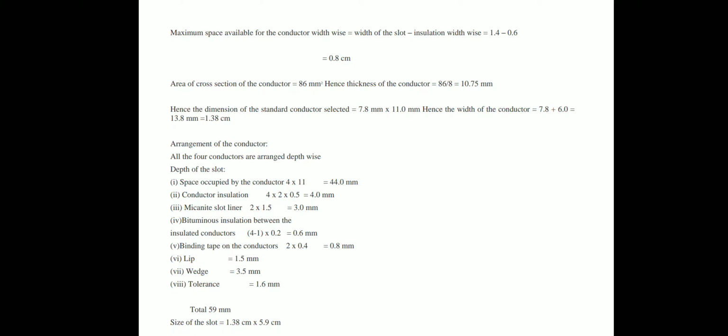Binding tape on the conductors 2 into 0.4 is equal to 0.8 mm. Lip is equal to 1.5 mm. Wedge is 3.5 mm. Tolerance is 1.6 mm. Total 59 mm. Size of the slot is equal to 1.38 centimeter into 5.9 centimeter.